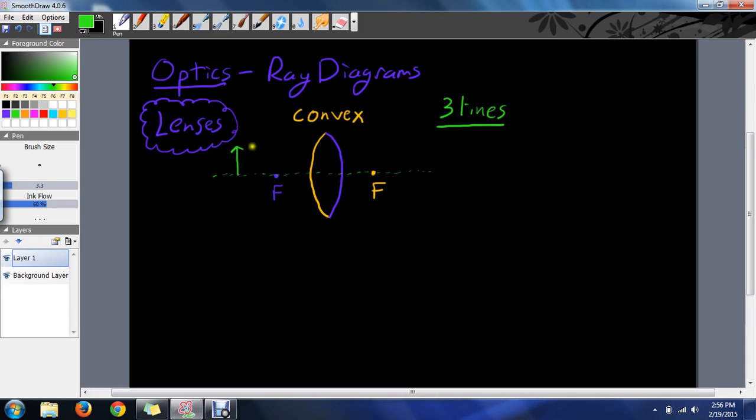After the lines intersect with the lens, they will be refracted and create a new line that extends forward and backward to infinity. Where those lines converge is where the image is. Of course, they converge at the image tip because we're looking at the origin being the tip of the object.